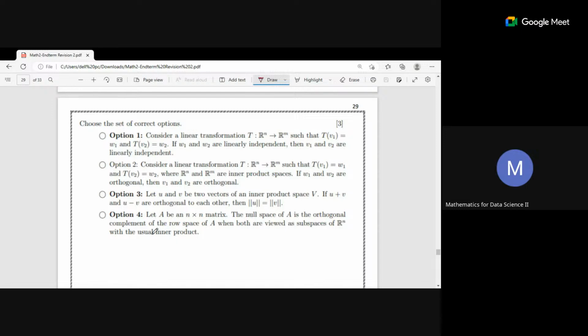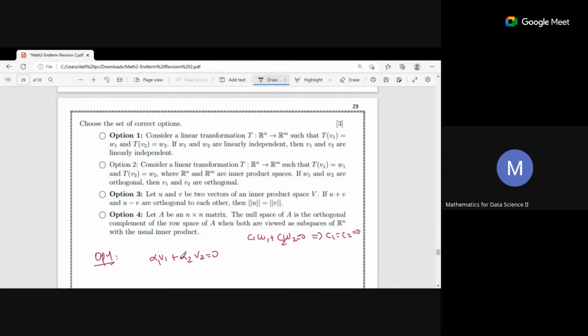You have to use the definition of linear independence. Given that W1 and W2 are independent, you know that if you have any linear combination C1 W1 plus C2 W2 equal to 0, then you should have C1 equal to C2 equal to 0. From this, let us see whether we are able to get this. You assume alpha 1 V1 plus alpha 2 V2 is equal to 0.